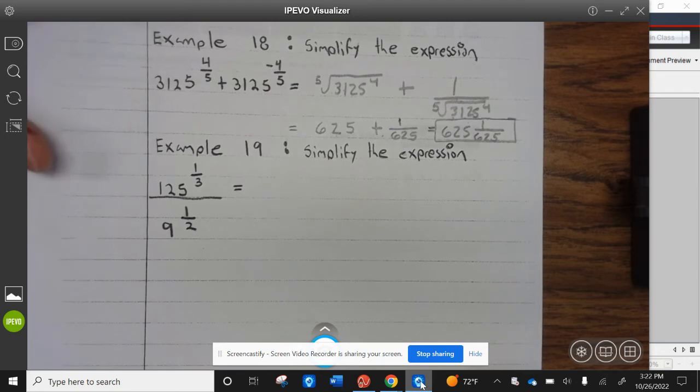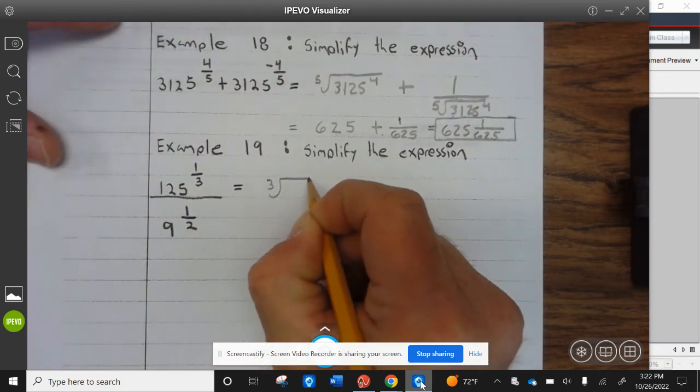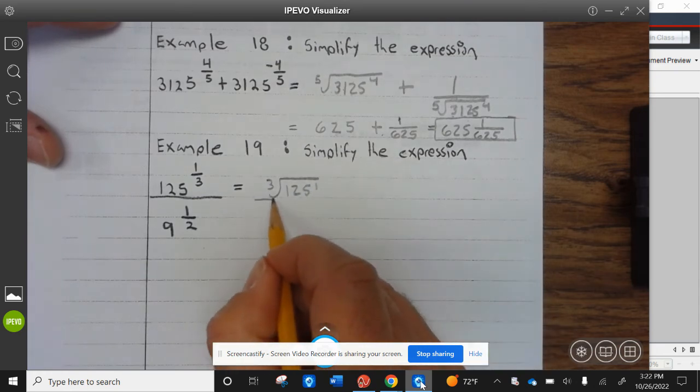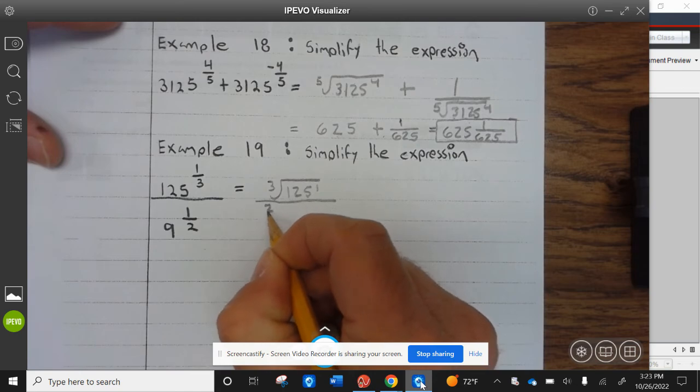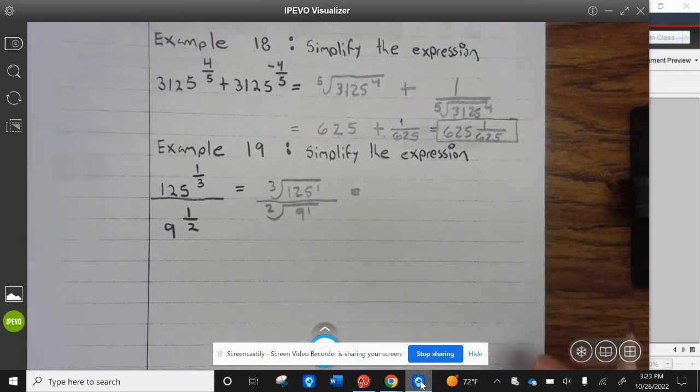All right, last example, example 19. So this becomes the cube root of 125 to the 1 power divided by the square root of 9 to the 1 power. So let's put these in.